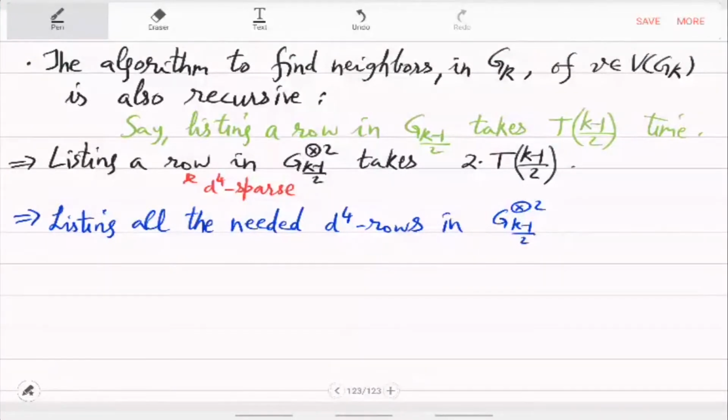So you have to actually do this thing twice, right? So you have to compute all the rows which are required. So there are d raised to 4 rows which will be required in the zigzag product.